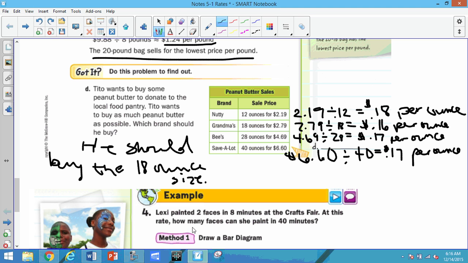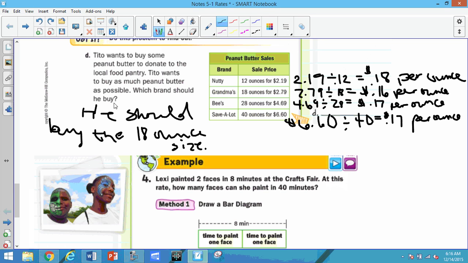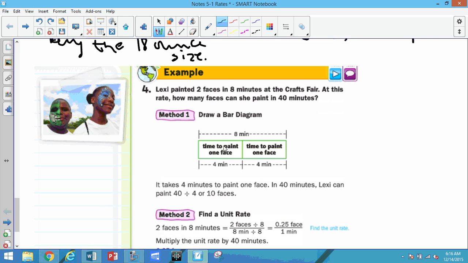Okay. All right. If it would say why, then you should say because it comes out to 16 cents per ounce and the others come out to a higher amount. Okay. All right, number 4.